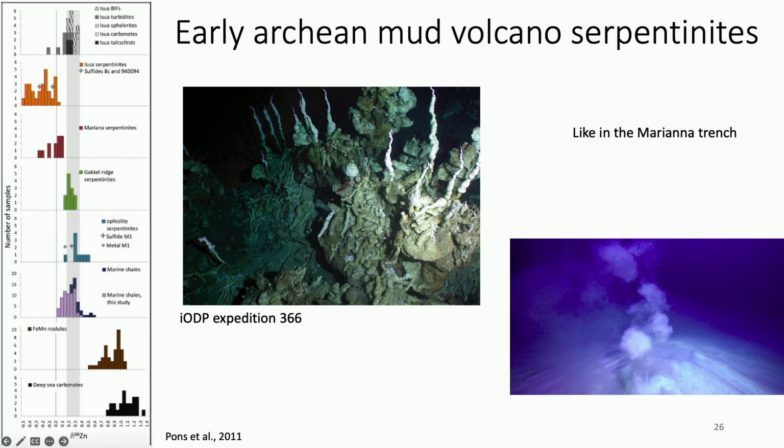Here is a picture of an active mud volcano at the bottom of the Mariana Trench, and that's a fossil one that's been observed and sampled by an IODP expedition a couple of years ago. That's really characteristic of high pH, hydrothermal conditions, medium temperature, 100 to 300 degrees C. And with high pH, it's also very conducive to reducing conditions.